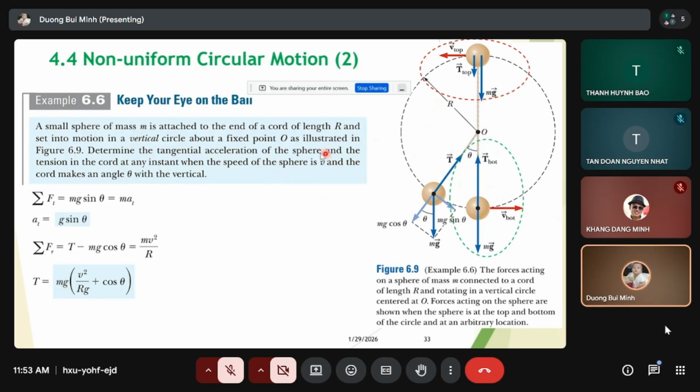Determine the tangential acceleration of the sphere and the tension in the cord at any time when the speed of the sphere is v and the cord makes an angle theta with the vertical. Here you need to analyze the force diagram for two positions, the bottom position and the top position.